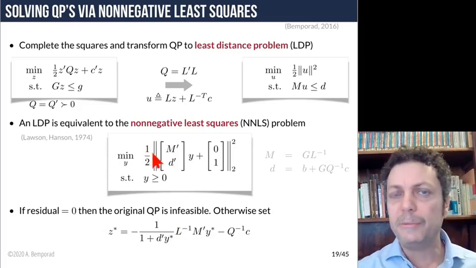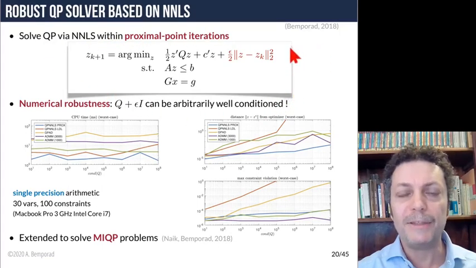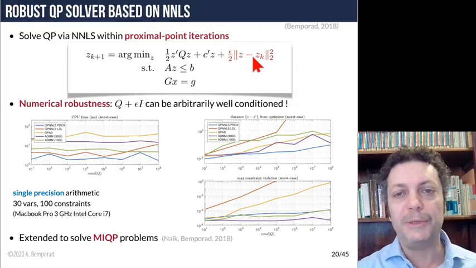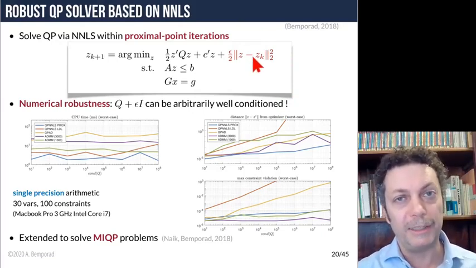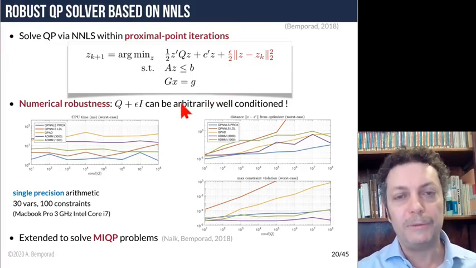Now, this is not a very robust approach, so lately I've been investigating a method that does proximal point iterations around this non-negative least squares solver, and as a result the method becomes quite robust.